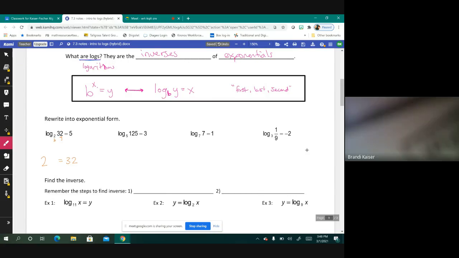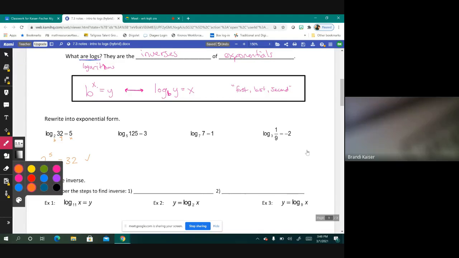Okay, this is our y, which means our exponent, or our x, would be the 5. So 2 to the 5th power equals 32. That's a true statement. That's something that you should be able to verify. And as long as you do, then it should be fine. So 2 to the 5th power equals 32. That's an exponential form now.